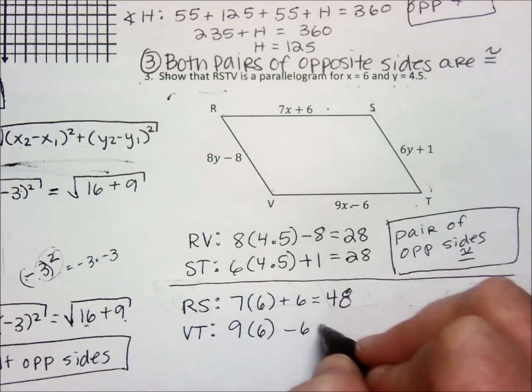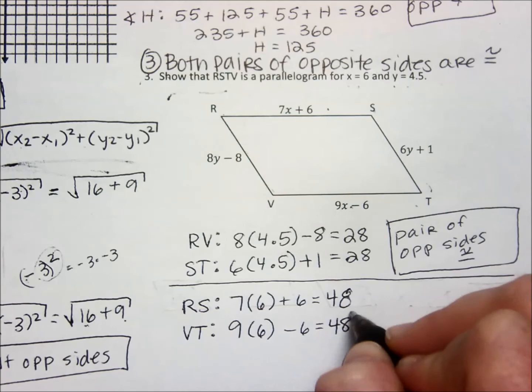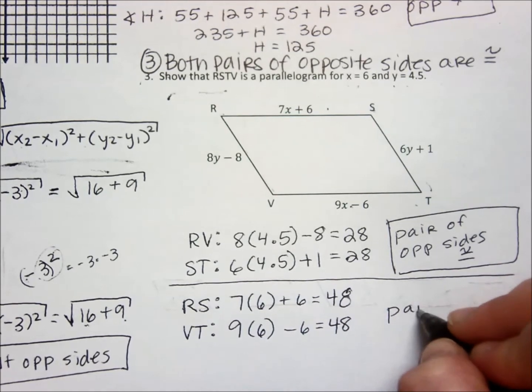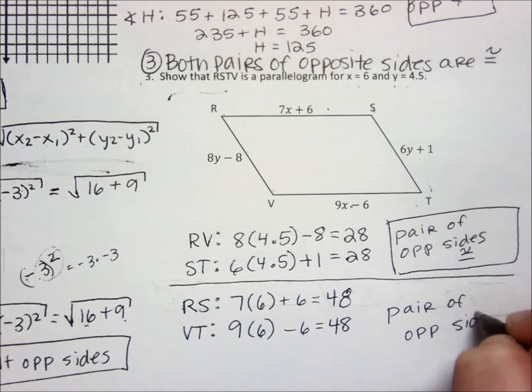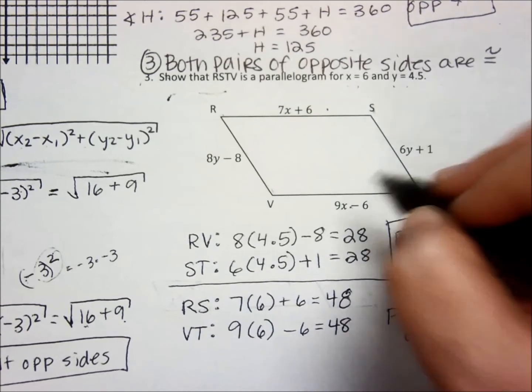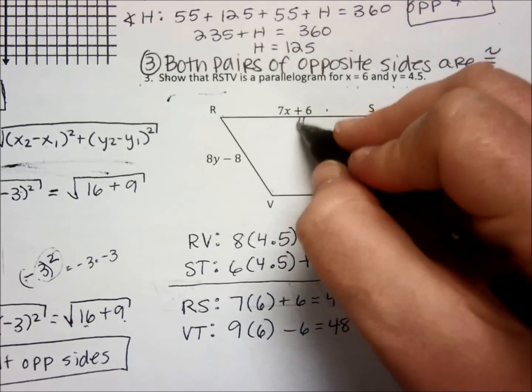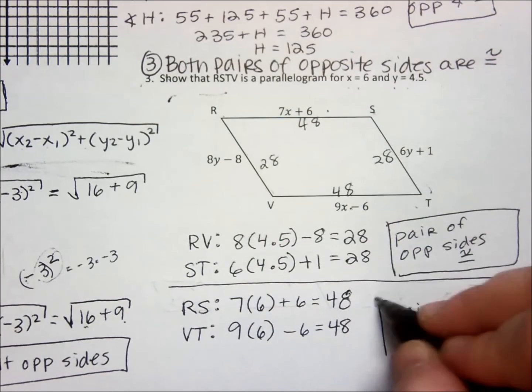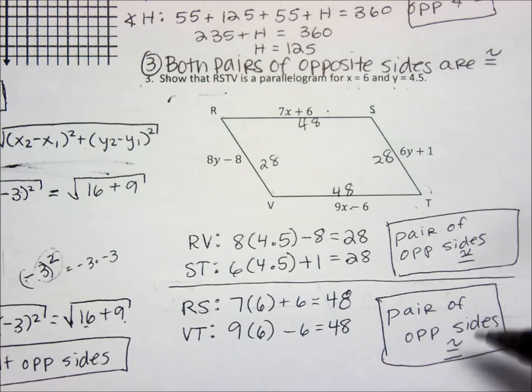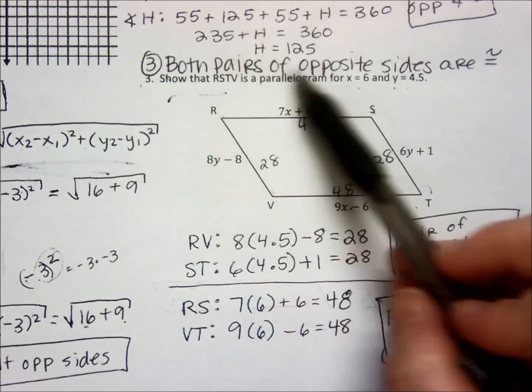And that would also give me 48. So now I have another pair of opposite sides congruent, because this was 48 and this was 48 and this was 28 and this was 28. So I know that I have a parallelogram because I've proven that both pairs of opposite sides are congruent.